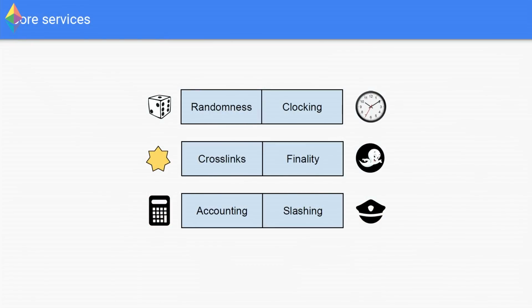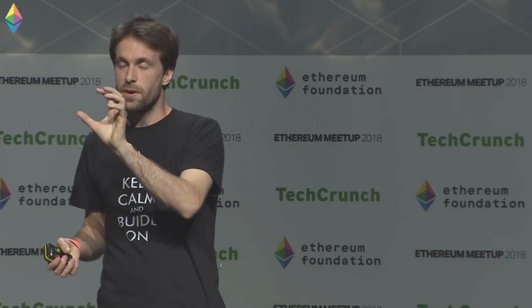And then the last thing that the beacon chain does is kind of more boring, but still very important: accounting. It maintains the ledger of all the validators, and for each validator, there's a balance, which is the deposit plus the rewards minus the penalties. This also includes slashing, which is a very big penalty if you've done something really bad.